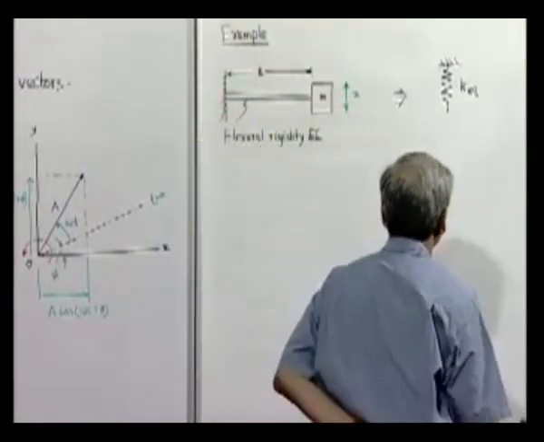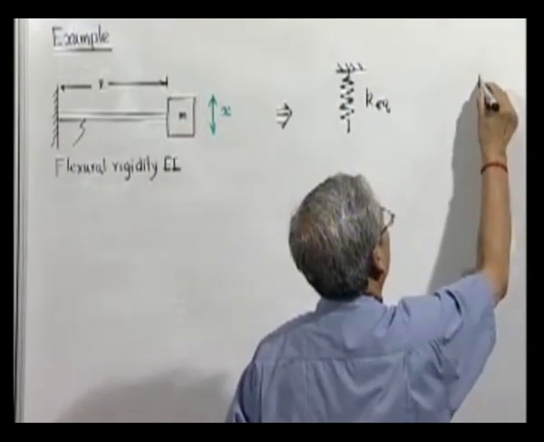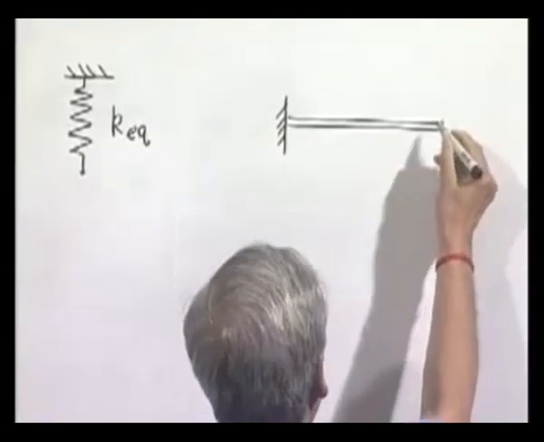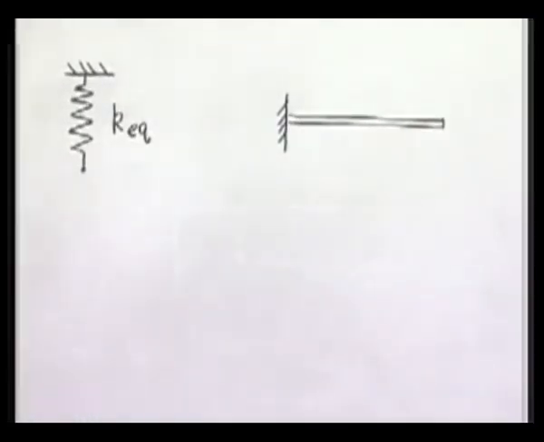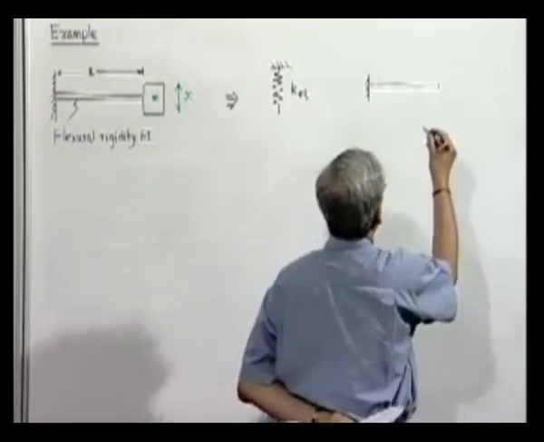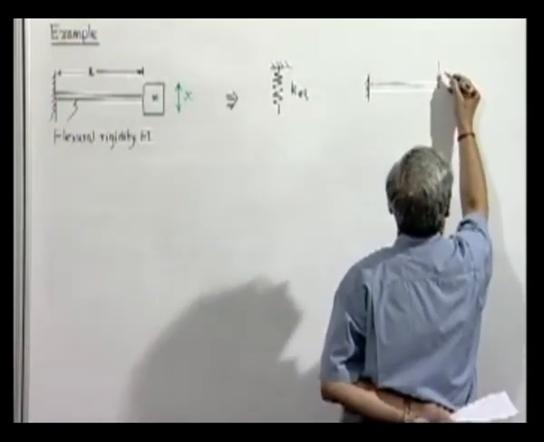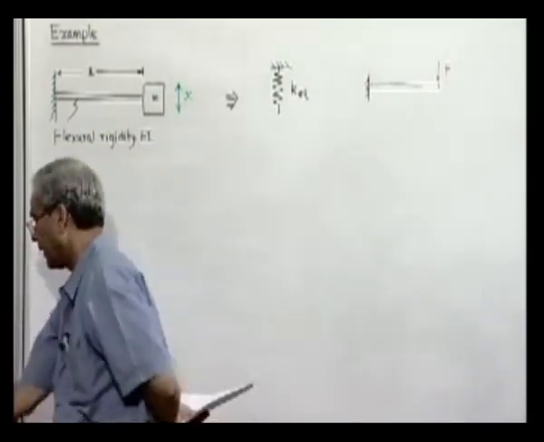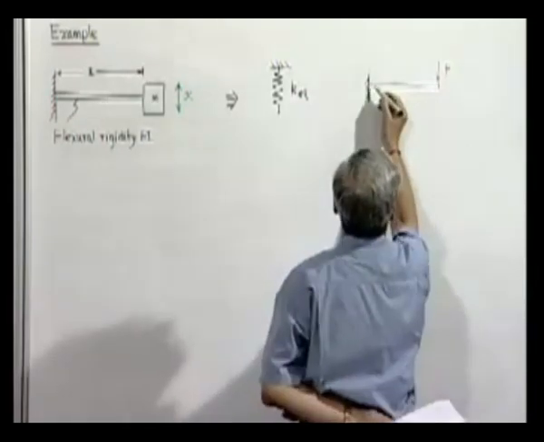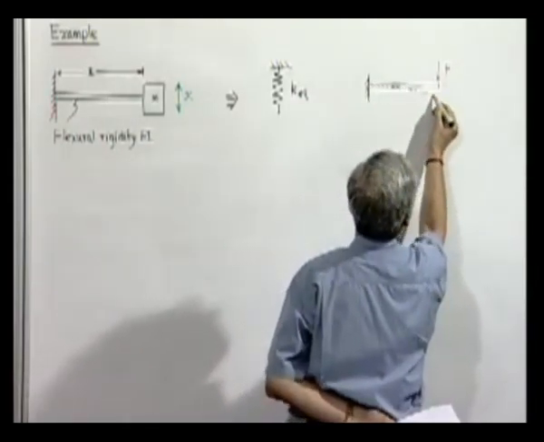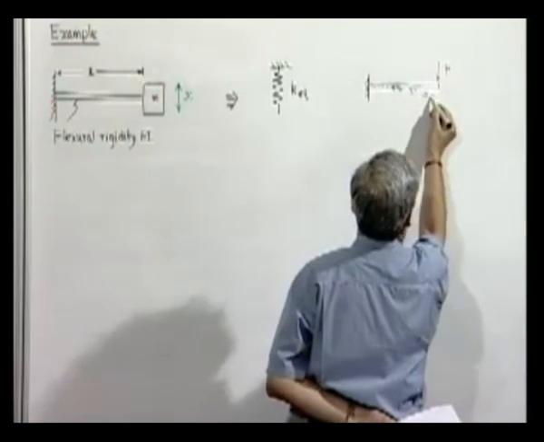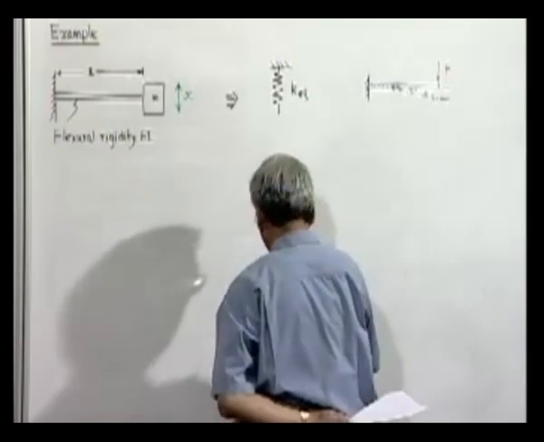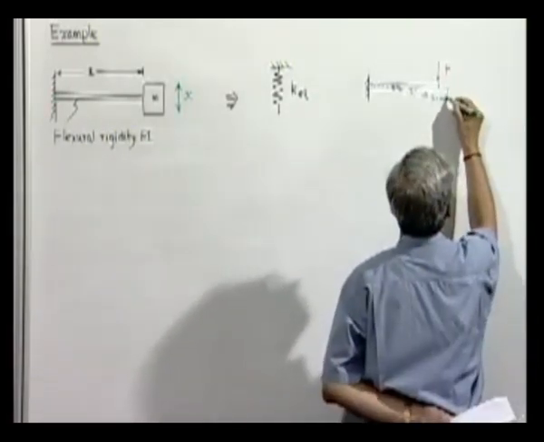How much is K equivalent? How to find it out? We take the same actual beam and apply a load, say load F. Then what happens? The beam deflects. And this deflection, let me call delta.